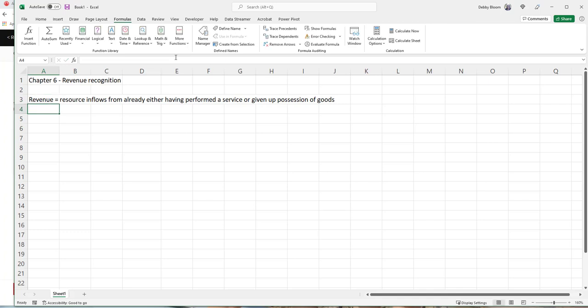So let's talk about the first one first, resource inflows. Under accrual accounting, we do not have to receive cash, so there are several other things that we can also receive in order to show a revenue.